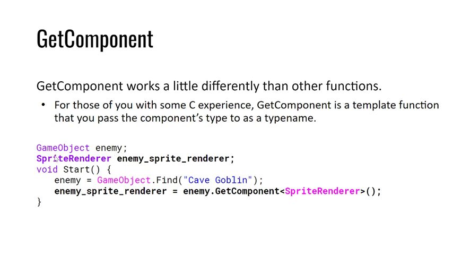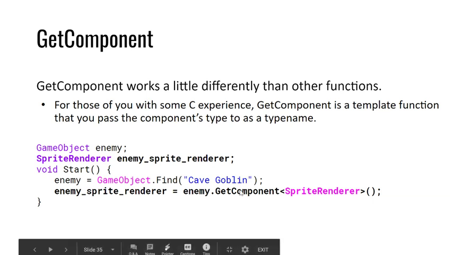For example, if you want a sprite renderer, which is the component that controls what an object looks like with sprites, then use enemy.GetComponent, and inside angle brackets you put the type of the component you want, in this case SpriteRenderer, and then empty parentheses, and it should give you the sprite renderer.